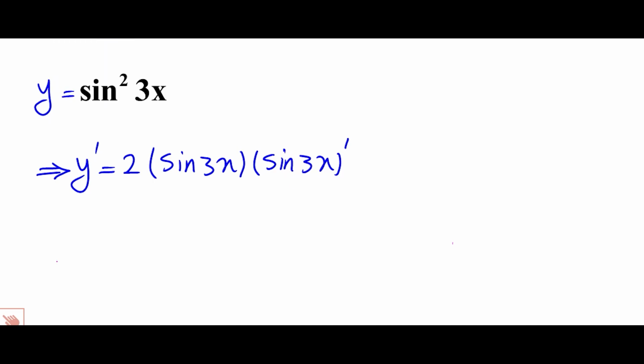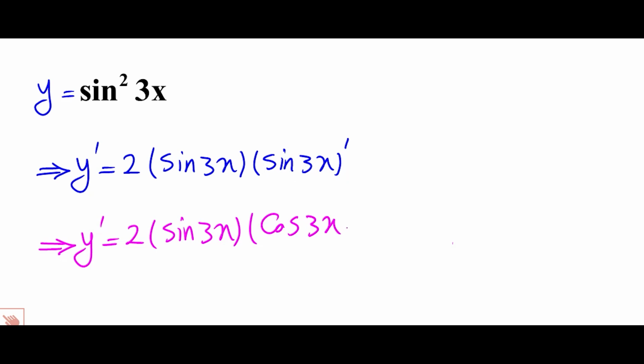So y prime is equal to 2 times sine of 3x times the derivative of sine of 3x. Sine is the outside function and 3x is the inside function, so the derivative of sine is cosine of 3x times the derivative of 3x, which is 3.